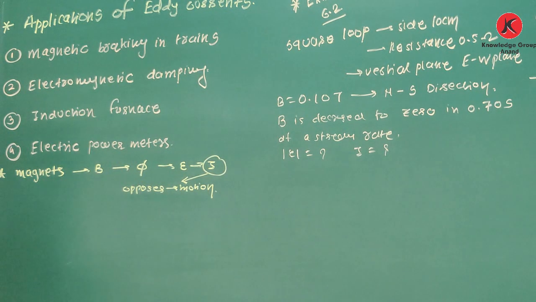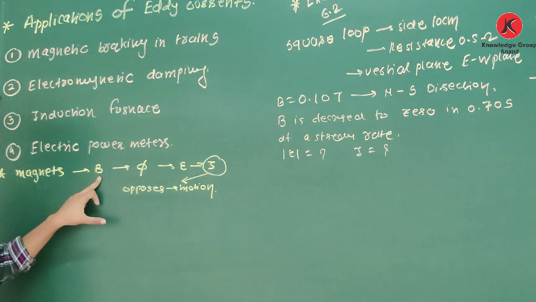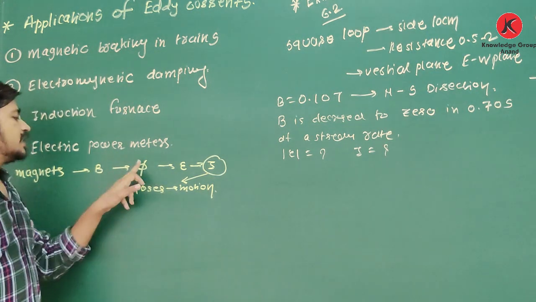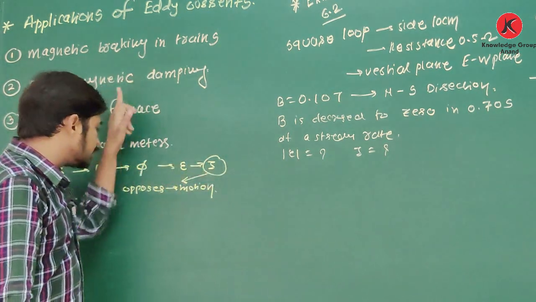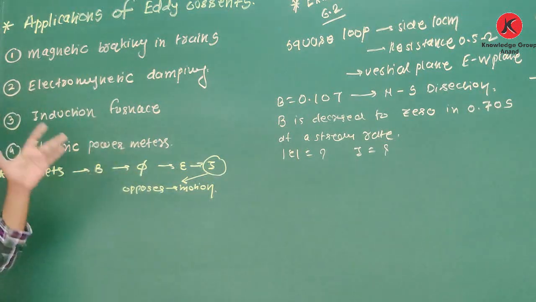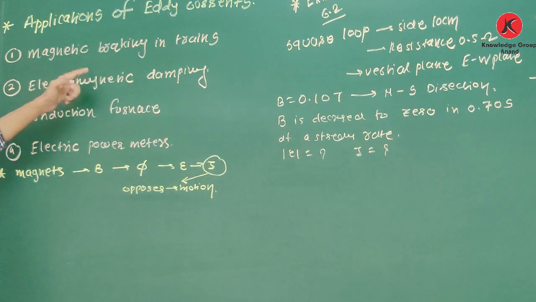Whenever we have to apply brake, these magnets are activated. Due to activation of magnets, there is change in magnetic flux, EMF is induced, current is induced, which opposes motion of train. Magnetic braking in trains. Clear about this?